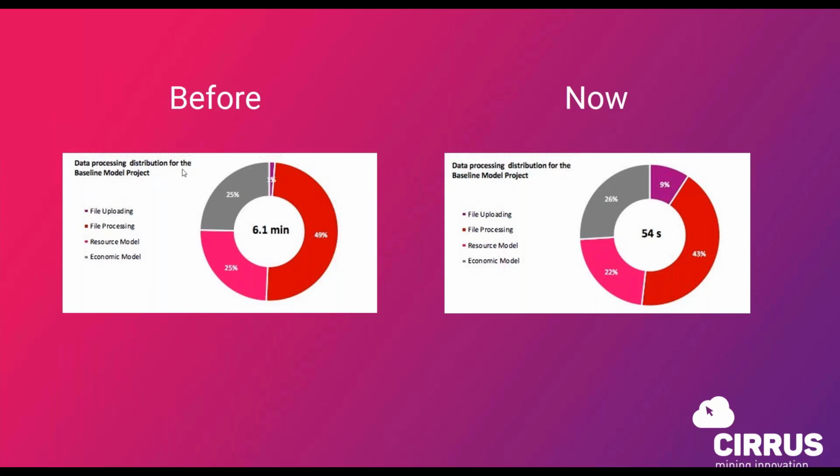Previously, for a typical project, taking data from uploading the model to creating resource and economic reports was taking about 6 minutes. That same workflow is now only taking about 54 seconds in Cirrus. So quite an exciting improvement in terms of performance that we've added recently.